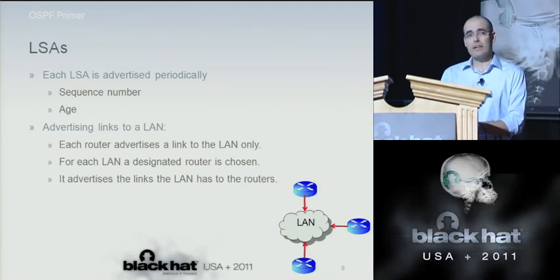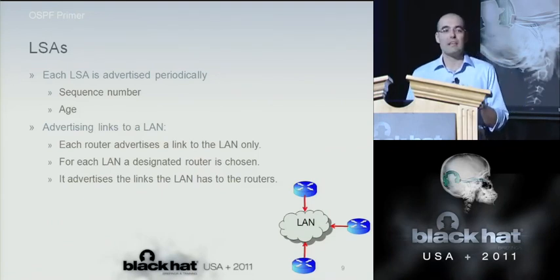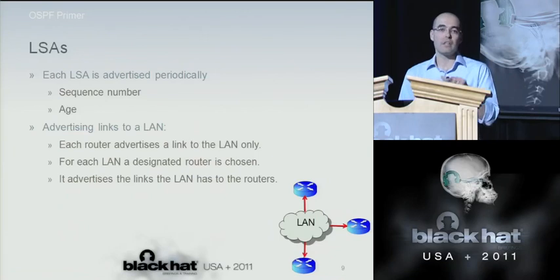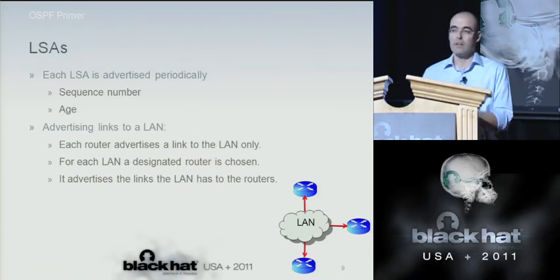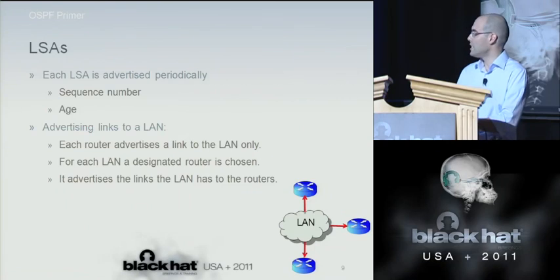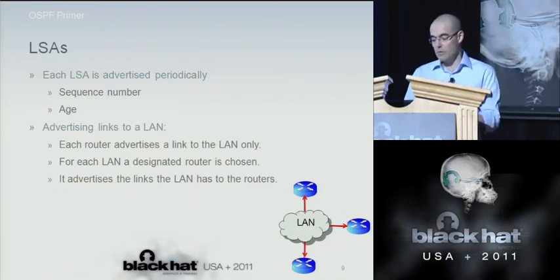And in addition to that, one router is named the designated router of the LAN, and it advertises another LSA on behalf of the network itself, which advertises links back to all the other routers that are directly connected to the network. And this is how advertisements on a LAN, which is a transit network, work out.